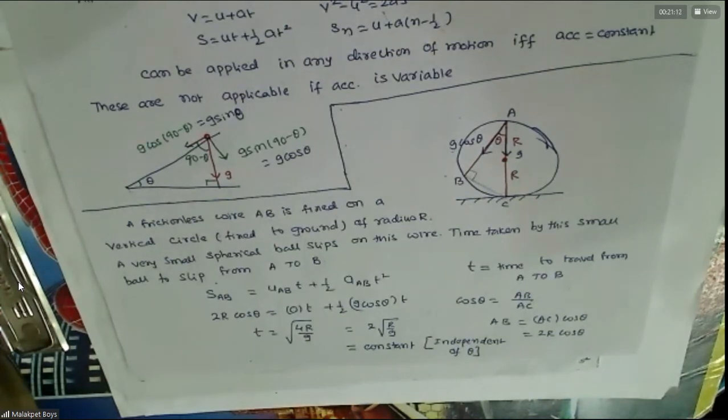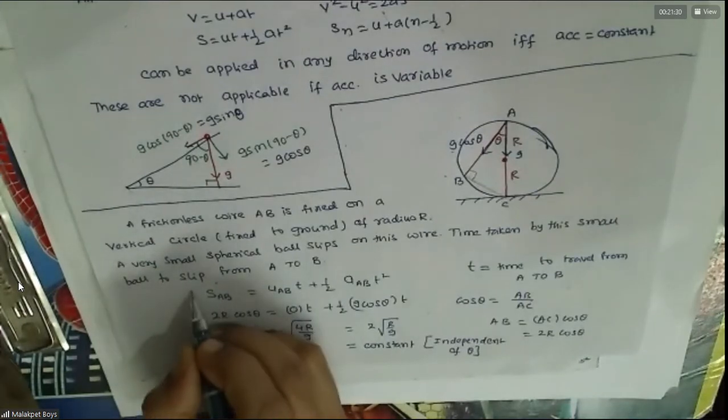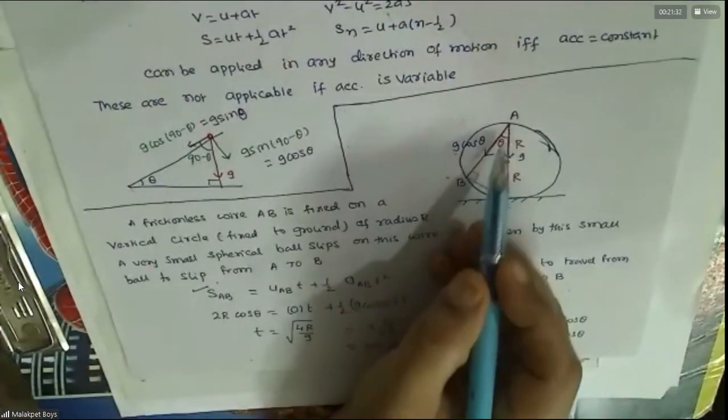Sir, can you please explain once again? I am not understanding the question. No, I used s equals ut plus half at squared along one line.